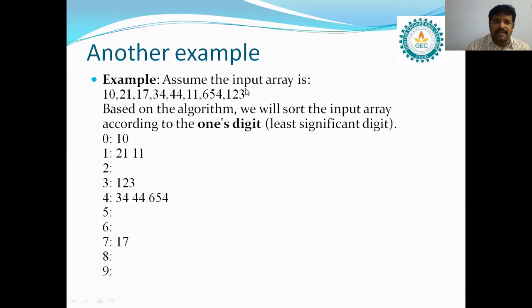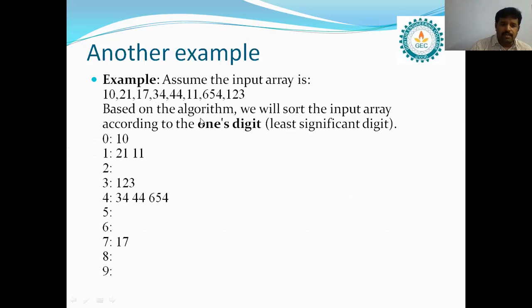Suppose the array contains these numbers: 10, 21, 17, 34, 44, 11, 654, and 123. These are the elements in the given list of array. Are these elements in the sorted form? No, they are not in the sorted form. So we have to bring them into sorted form by using radix sort.